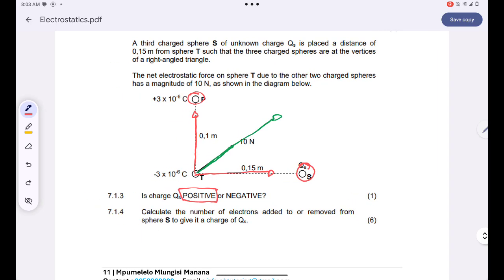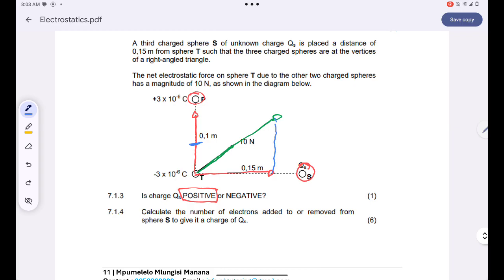Remember that, guys, we were told that the charges are at right angles with one another. So basically, it simply means that this force over here, the electrostatic force, should be equal to the electrostatic force over there.